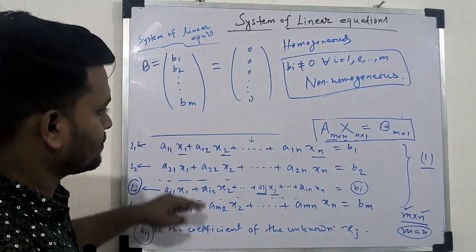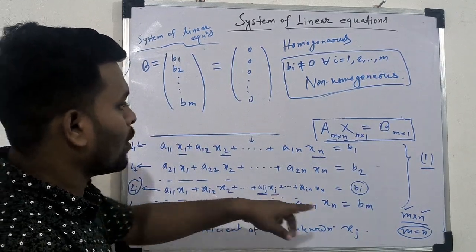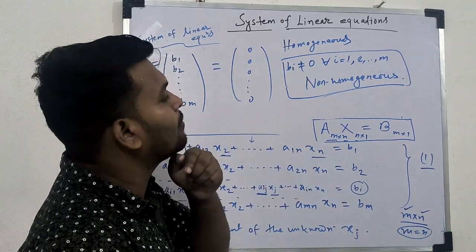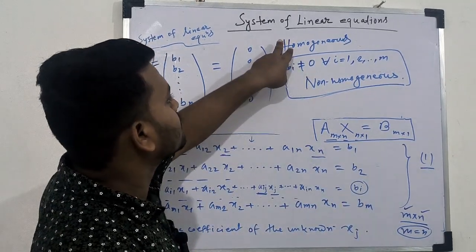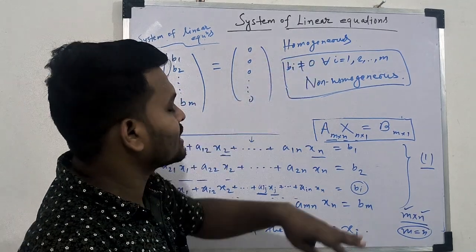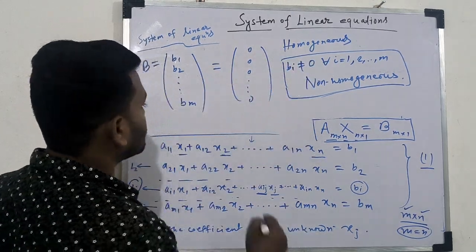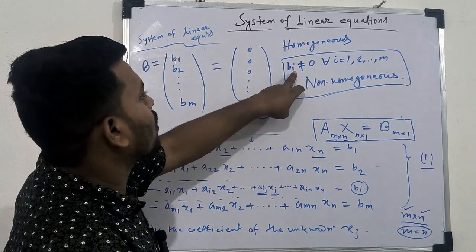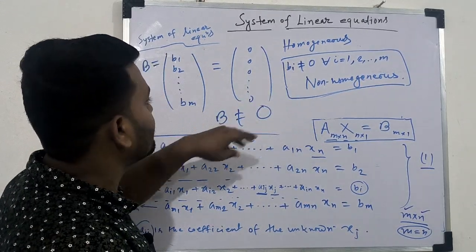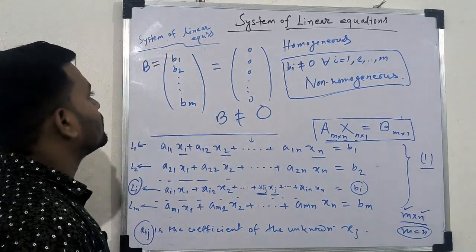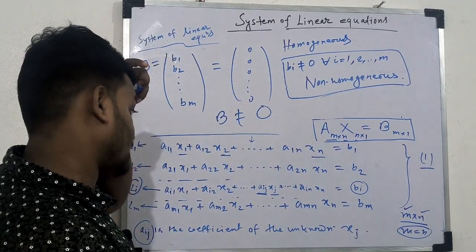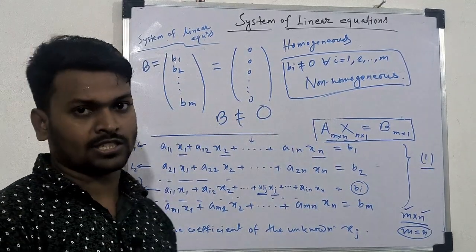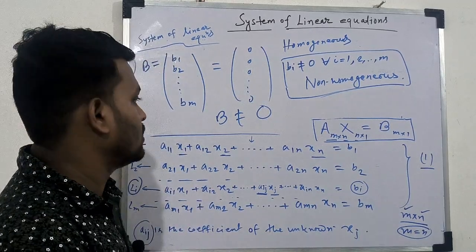So this is an m by n system. Whenever the constant term, that is the b matrix, is the 0 column matrix, the system is said to be homogeneous, and whenever b1, b2, ..., bm are not all 0, the system is called a non-homogeneous system. So now we discuss the solution.